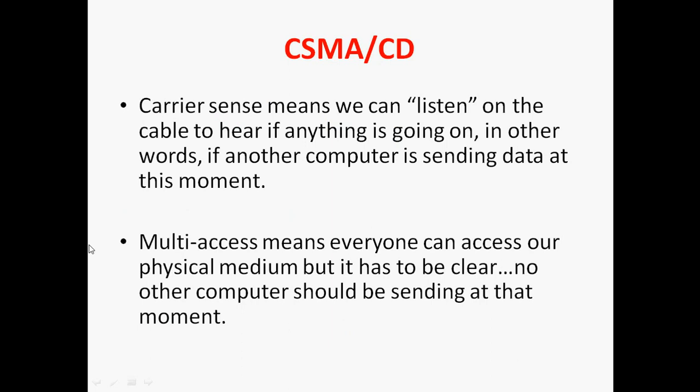Carrier sense means we have to listen onto the cable to hear if anything is going on, in other words, if another computer is sending data at this moment. All the computers have to listen to the cable to hear whether any other PC is transmitting data or not.